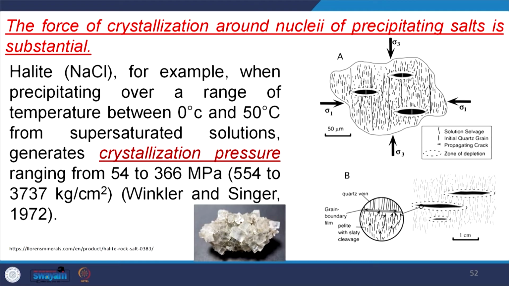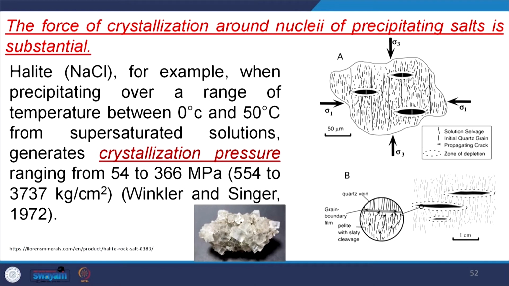For example, halite crystals, when precipitating over a temperature range of 0 to 50 degrees Celsius from supersaturated solution, generate crystallization pressure ranging from 54 to 366 megapascal, which is sufficient to crush a rock. So salt crystallization within the pore space of the rock also plays a significant role in expanding or cracking the rock that hosts it.